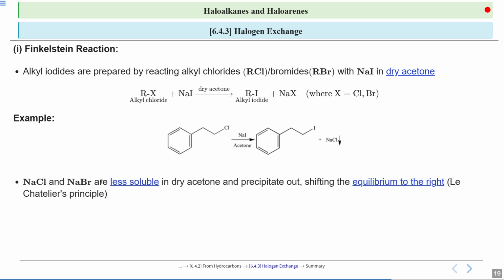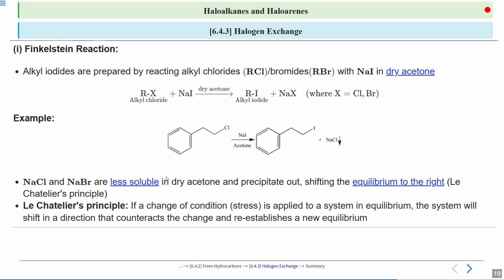NaCl and sodium bromide are less soluble in dry acetone, so they precipitate out after the reaction, shifting the equilibrium to the right, in the direction of the desired product formation. And this is what Le Chatelier's principle says.